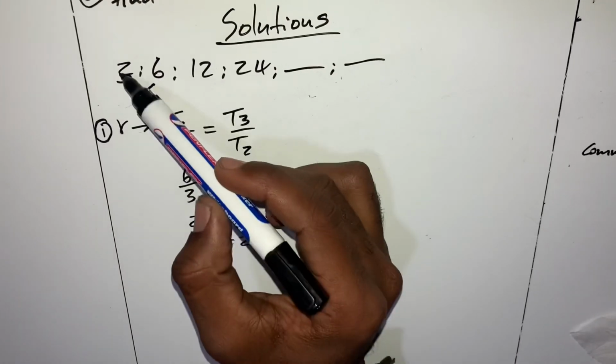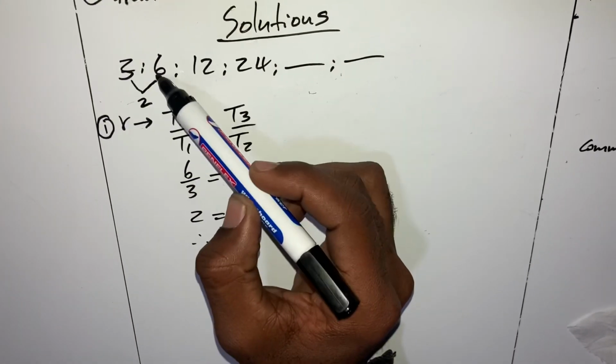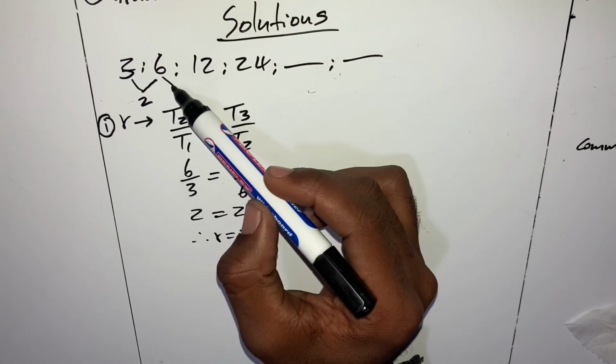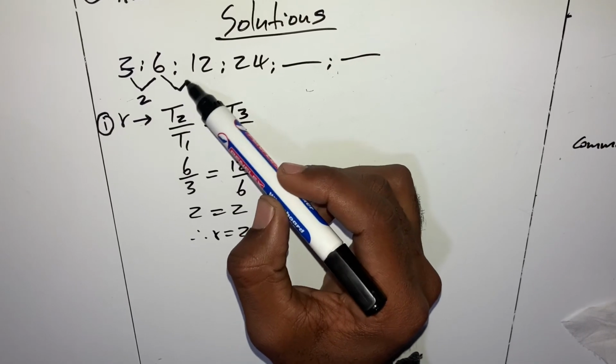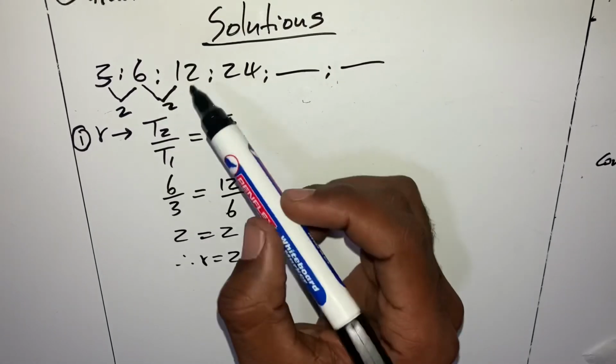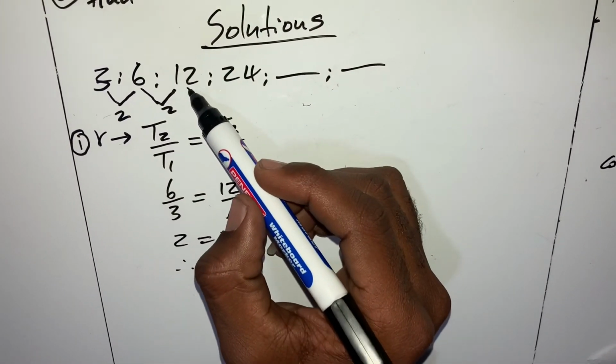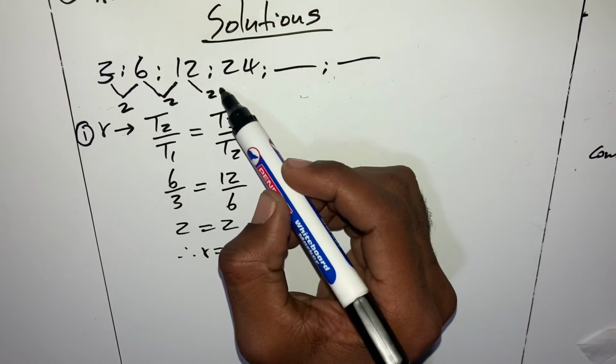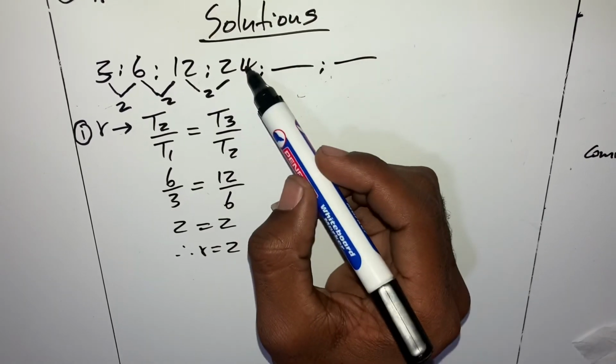So it was 3 times 2, it's 6, 6 times 2, we got 12. Also, our 12 times 2, we got 24.